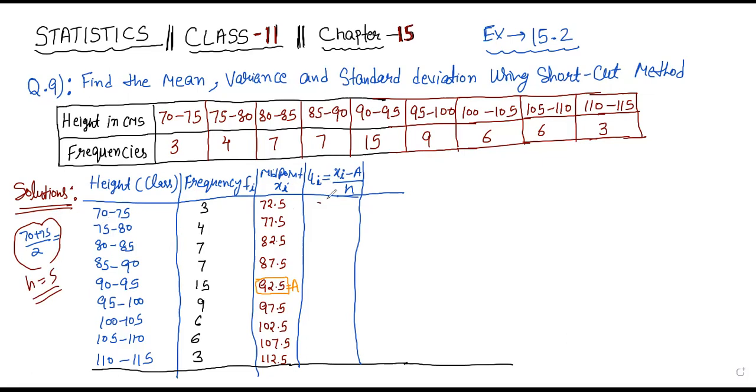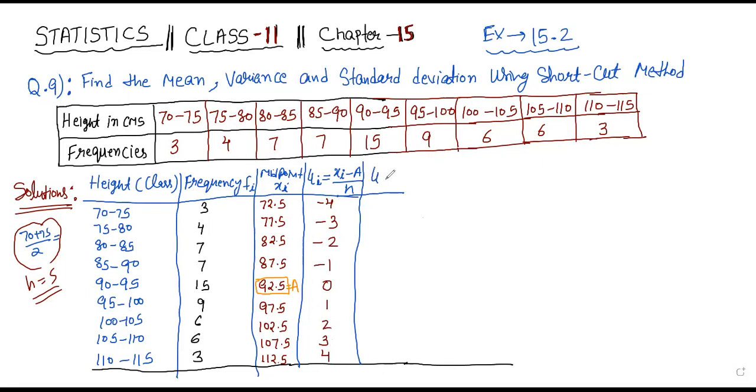Here minus 3, minus 2, minus 1. A benefit is that a pattern forms: the difference is 1 throughout. Minus 2, minus 1, 0, 1, 2, 3, 4.